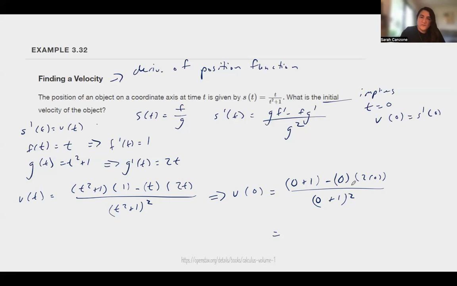Well, 0 plus 1 is 1, minus 0 is just 1, so the numerator is 1 over 1 squared is 1. 1 over 1 is just 1. And so the initial velocity is just 1, and they don't actually give us any units. So if they said like meters per second or feet per minute or whatever, we can put units at the end, but there's no units. So we can just say 1.